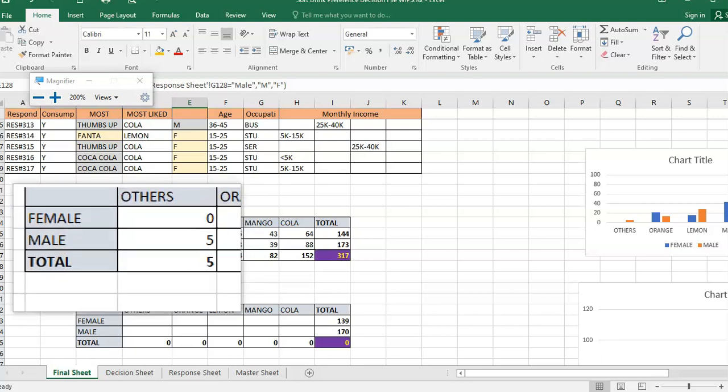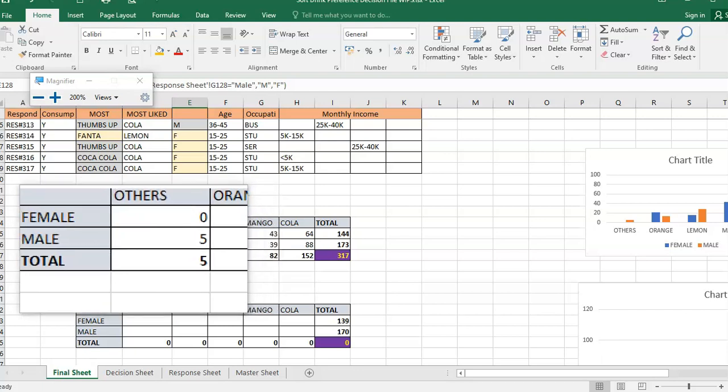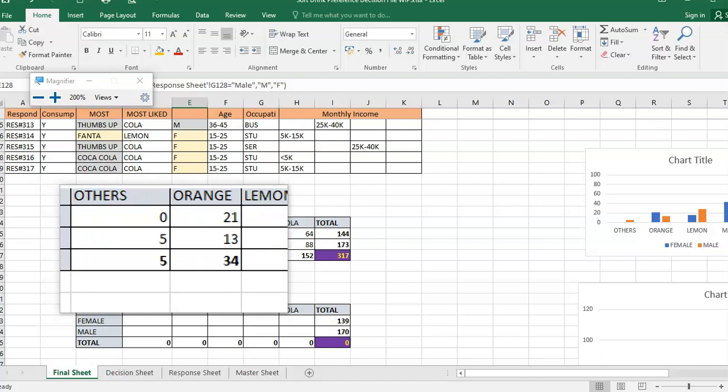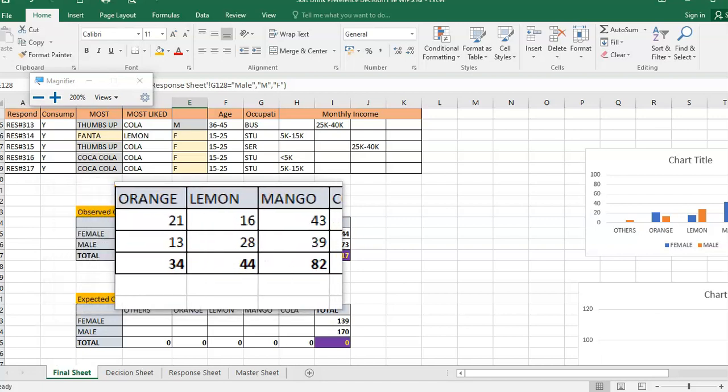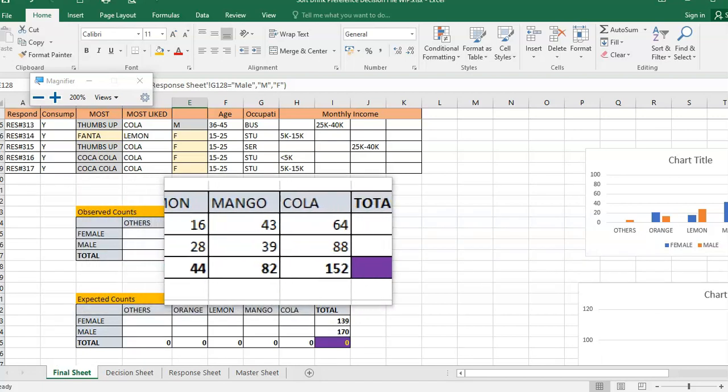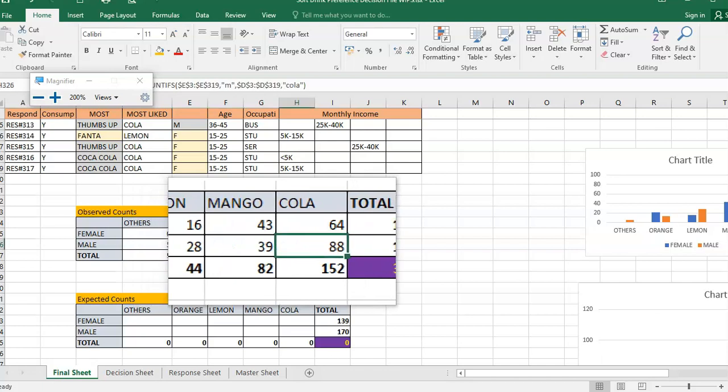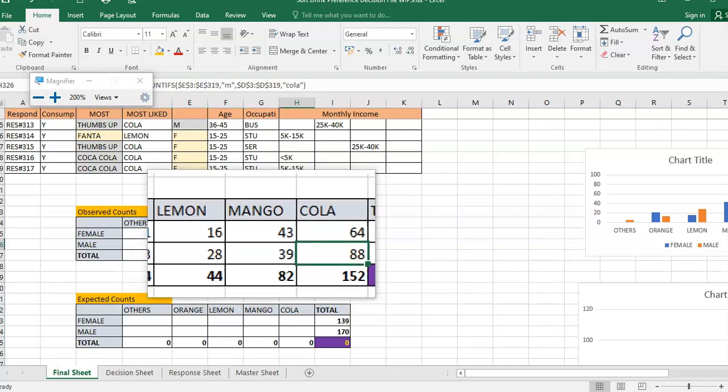And then the third row was showing us the total. You can always calculate this in Excel using the count formula.